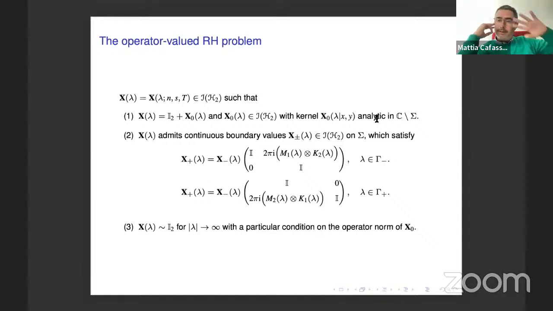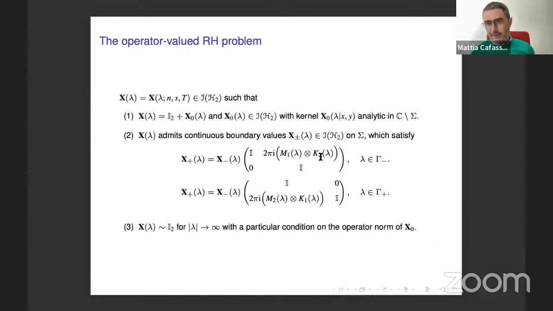Lambda is on the whole complex plane except this contour gamma plus and gamma minus, and we have a jump condition on gamma plus and gamma minus, which is given by this operator N M K. Everything here looks very complicated because we have operator valued stuff. But if you look carefully, this is just an operator valued generalization of the Flaschka-Newell Riemann-Hilbert problem that you have associated to the Hastings-McLeod solution of Painlevé.